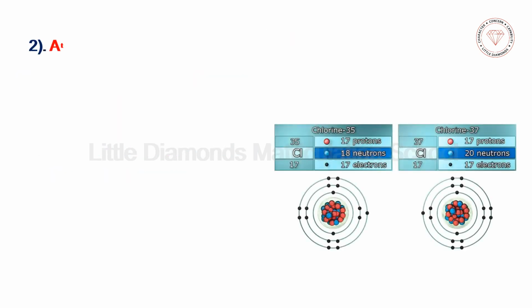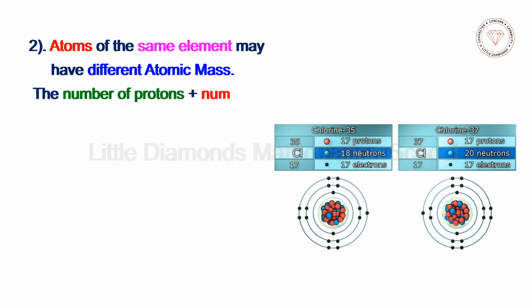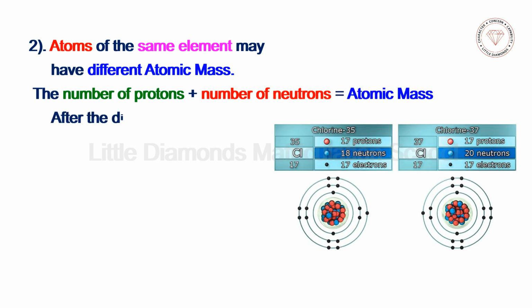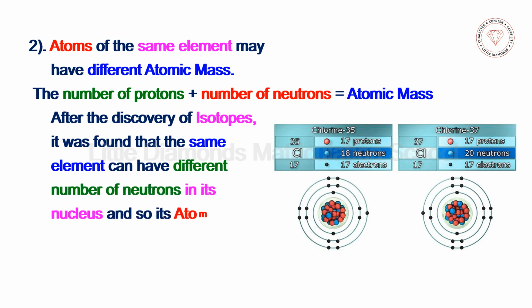Number 2, atoms of the same element may have different atomic mass. The number of protons plus the number of neutrons is equal to the atomic mass of the atom. After the discovery of isotopes, it was found that the same element can have different numbers of neutrons in its nucleus and so its atomic mass can differ.